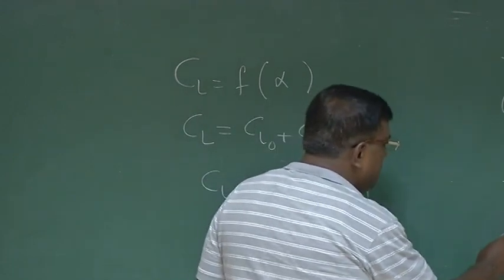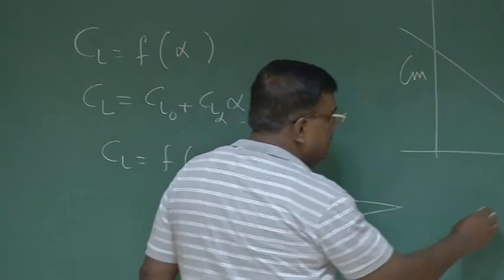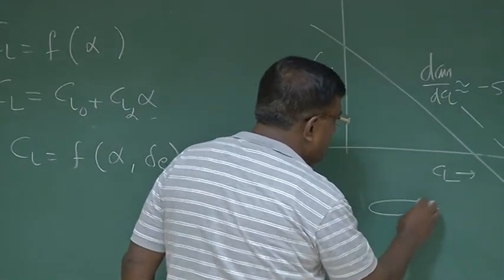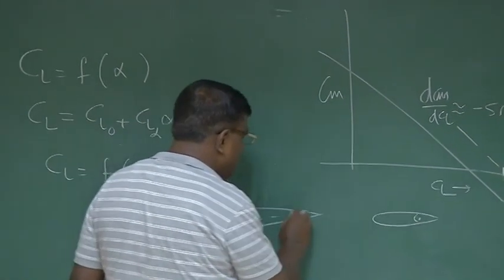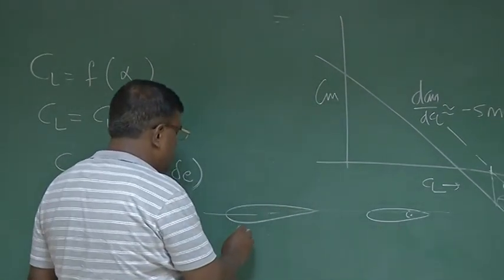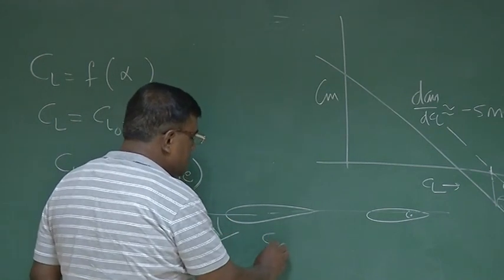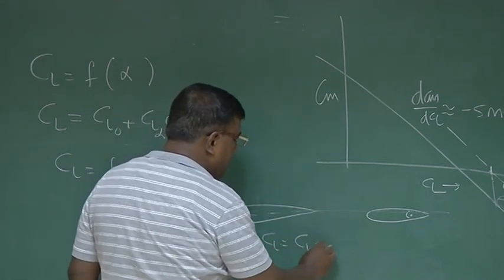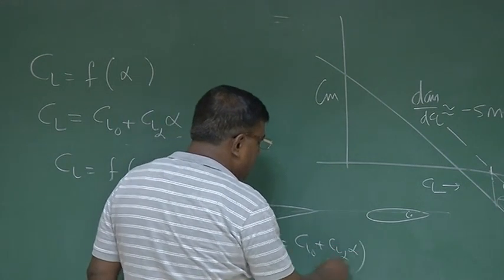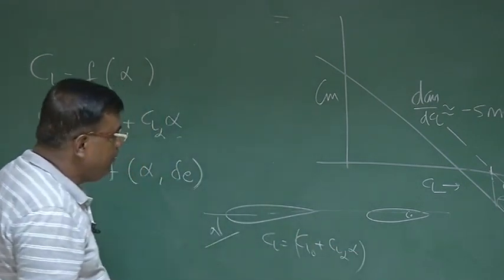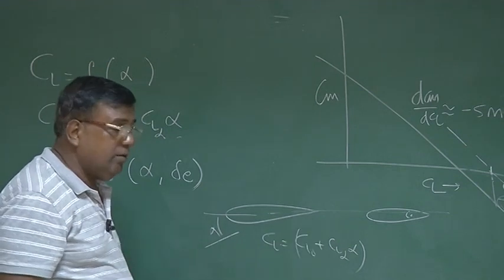Suppose this is the wing, this is the tail, and this is alpha, then CL is CL naught plus CL alpha into alpha for the whole aircraft. CL alpha is for the whole aircraft.